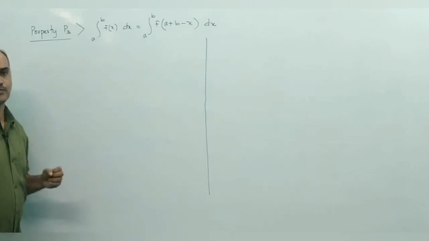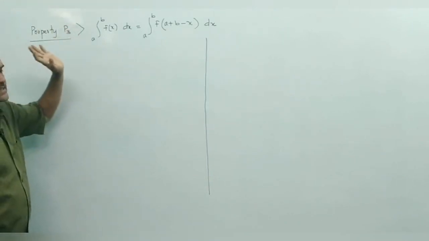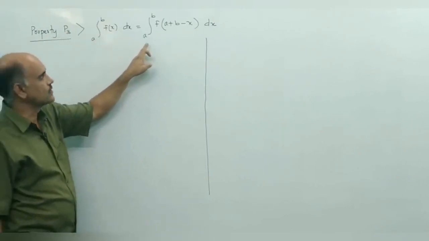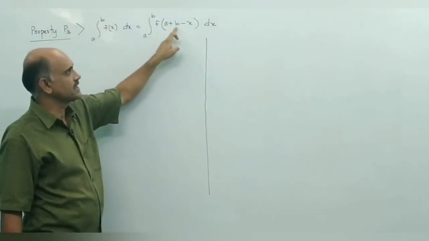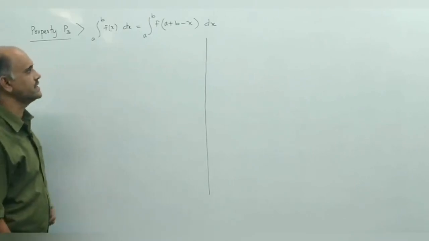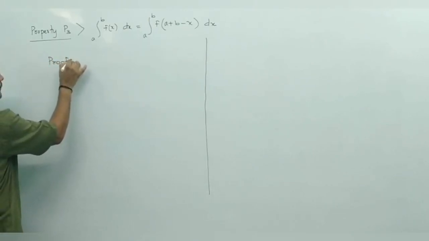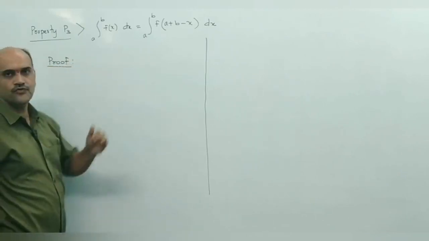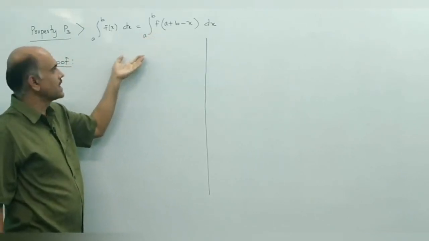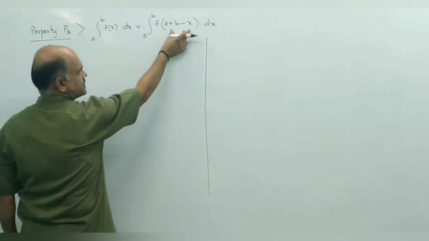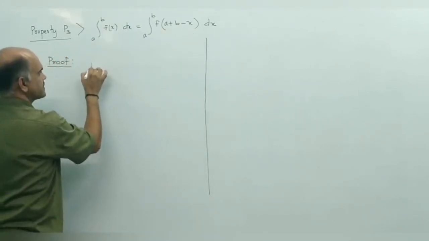We will see the fourth property, denoted as P3. Integration a to b f of x dx is equal to integration a to b f of a plus b minus x dx. Now the proof. In this proof we start from the RHS and prove that it is equal to the LHS. So this bracket term you take as t.